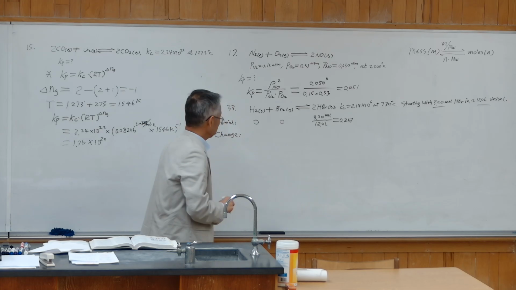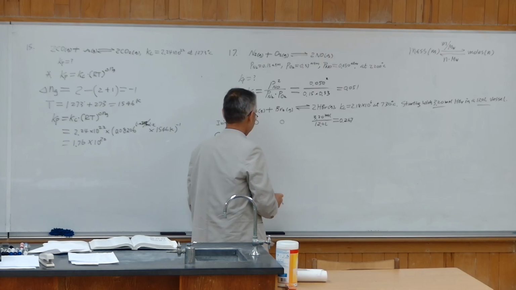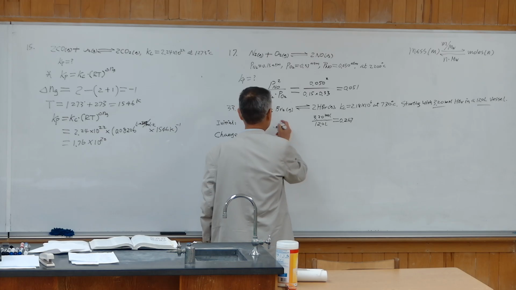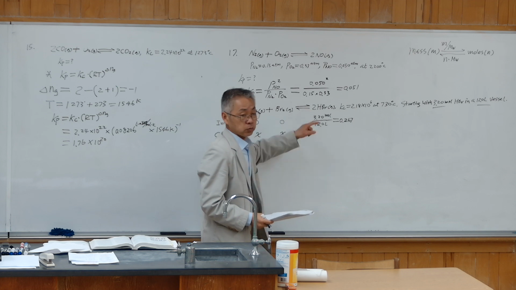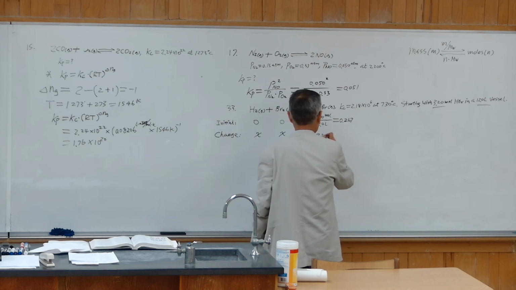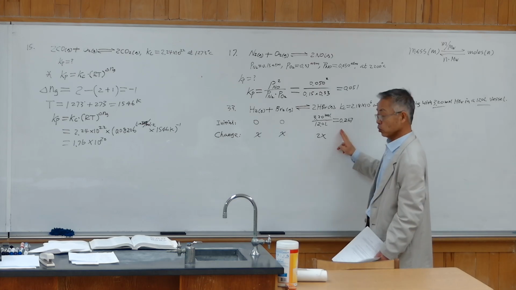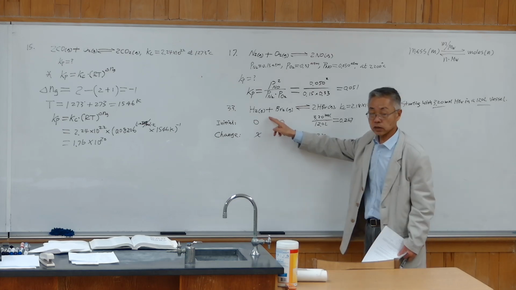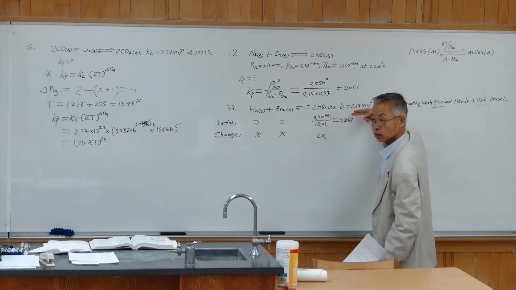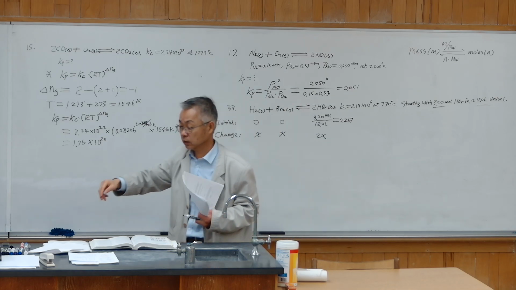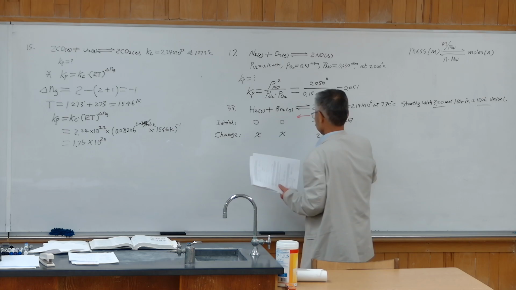Change. We let the change for H2 be x, then Br2 is x, because it's a 1-to-1 ratio, right? And HBr will be 2x. So this time, starting with HBr, this means no H2, no Br2 there. Then this reaction actually goes from right to left, because we start with only this.